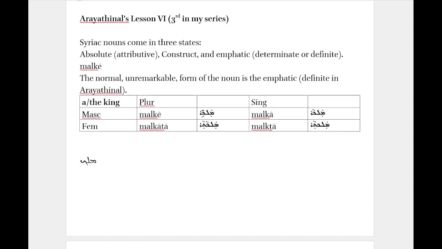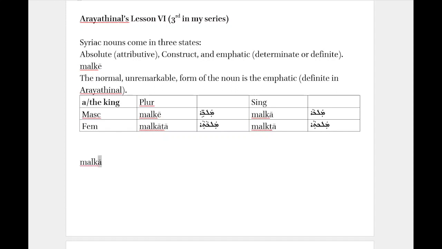We always have the ending of skapa alap, so it'd be melka, so that it ends with that. And using transliteration, it would look like this, melka.